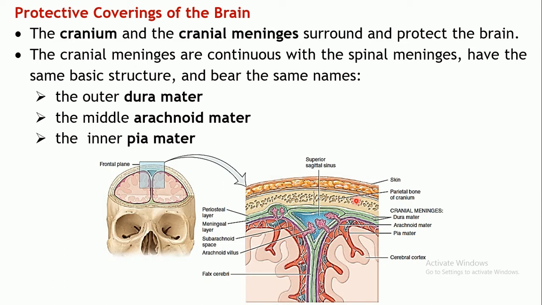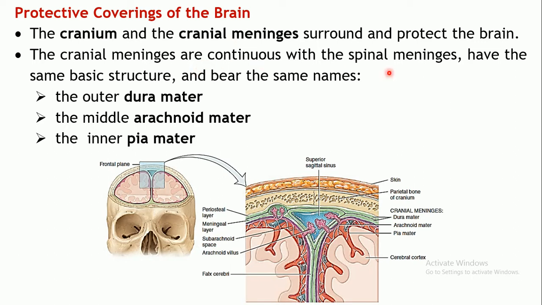Because it's a delicate organ, right? Brain and the spinal cord also. So it needs proper protection is what we have seen. So the skull will protect it from external blows. So it doesn't get damaged. And additional protection is provided by these cranial meninges which surround and protect the brain.